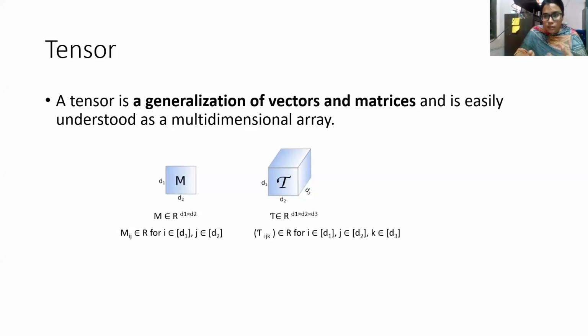In the next slide we'll show that. But a tensor is a multi-dimensional array of numbers. As you can see, this is a three-dimensional representation. This tensor is three-dimensional, as we said, with three indices like D1, D2, and D3.